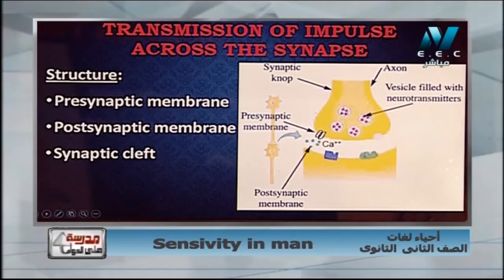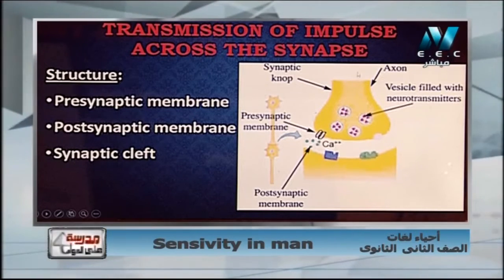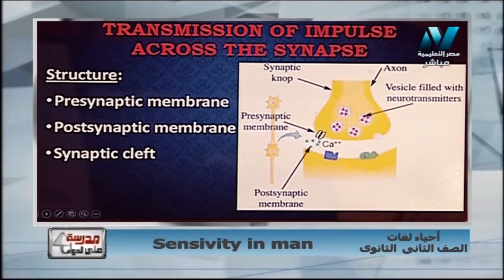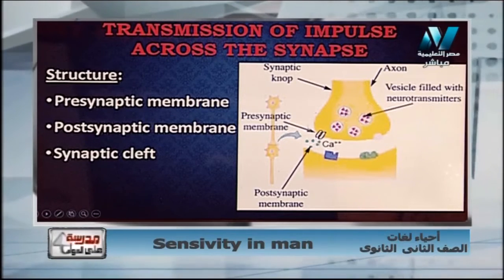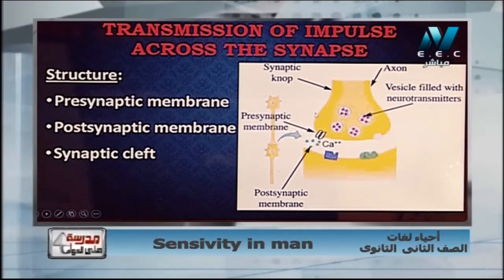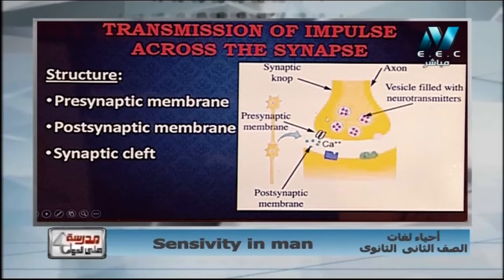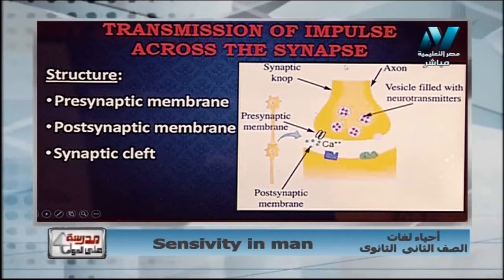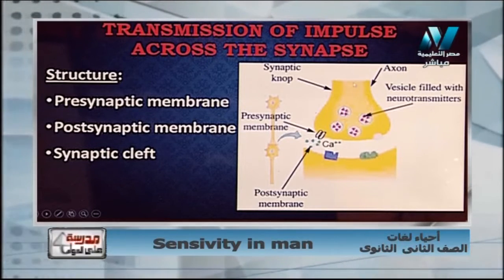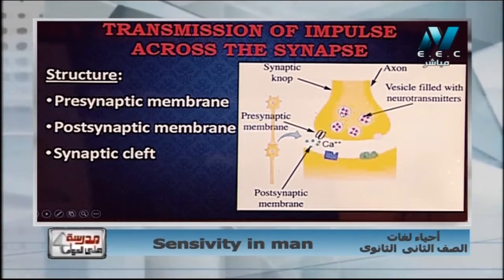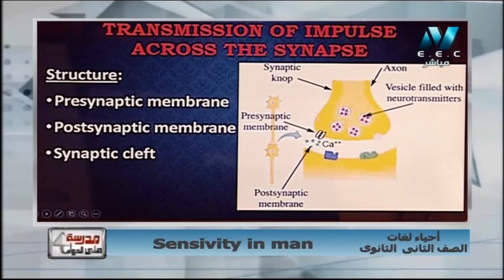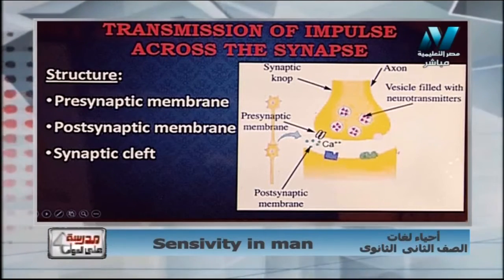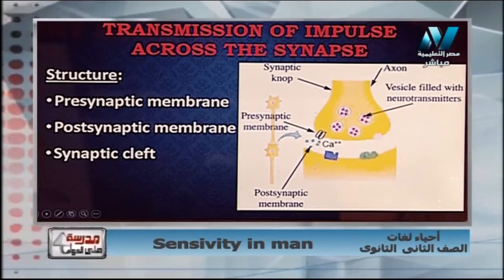In this picture, you can notice that this is the end part of the axon, which ends with a swollen part called the synaptic knob or button. So the transmission of the impulse ends at the synaptic knob. And this synaptic knob lies very close to the dendrites of the next neuron.